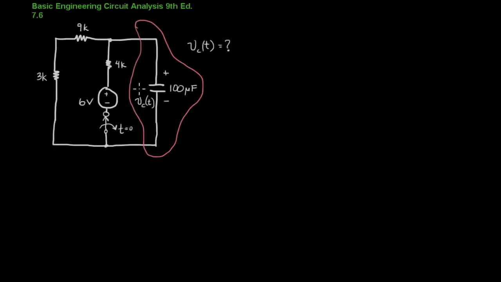Vc of t is going to be the voltage from this point here to this point here. We can use voltage division to find the voltage here, and then once we have the voltage there, we can combine it with the 6-volt source and solve for Vc of t. So we'll use voltage division.